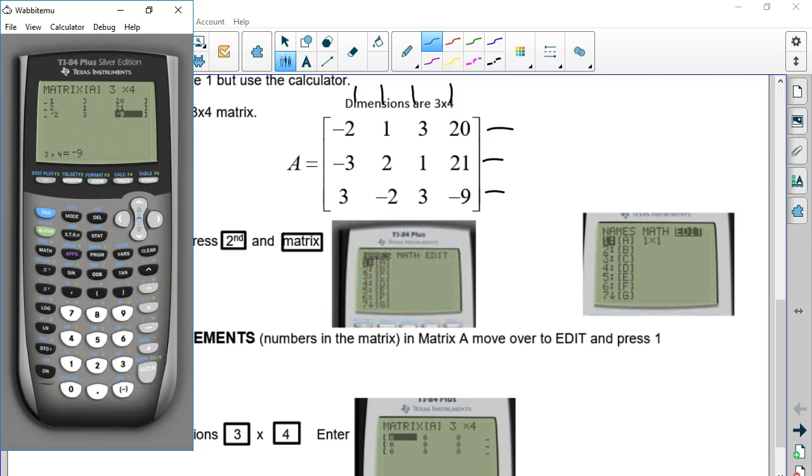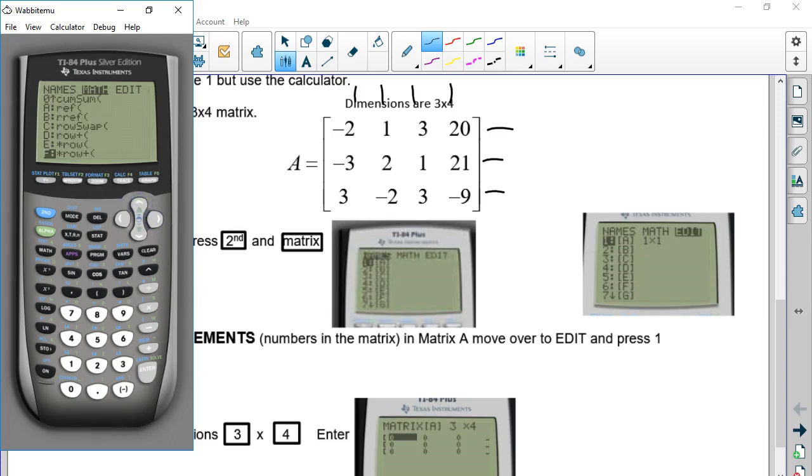Okay? So we're on the second page of notes now. We've just entered this all in, and now we hit second quit. Now we go back into matrix. Second matrix. Then we're going to go over to math, and we're going to go down.